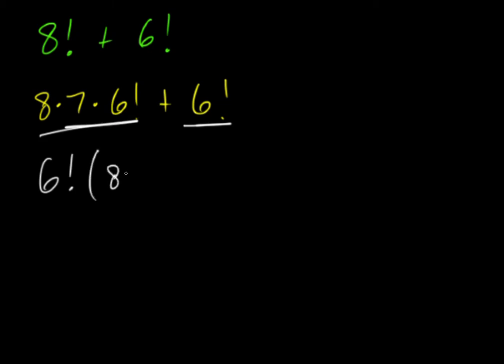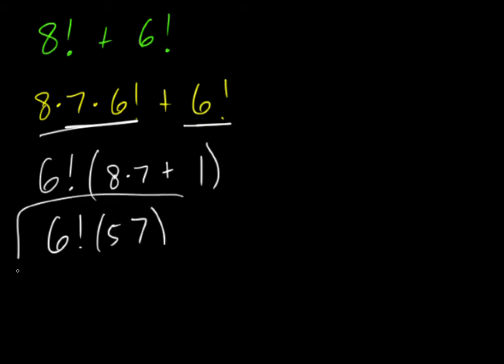And then we still have the 8 times 7, plus 1. If we do 8 times 7, that's 56, plus 1 is 57. And so we can just write it like this.